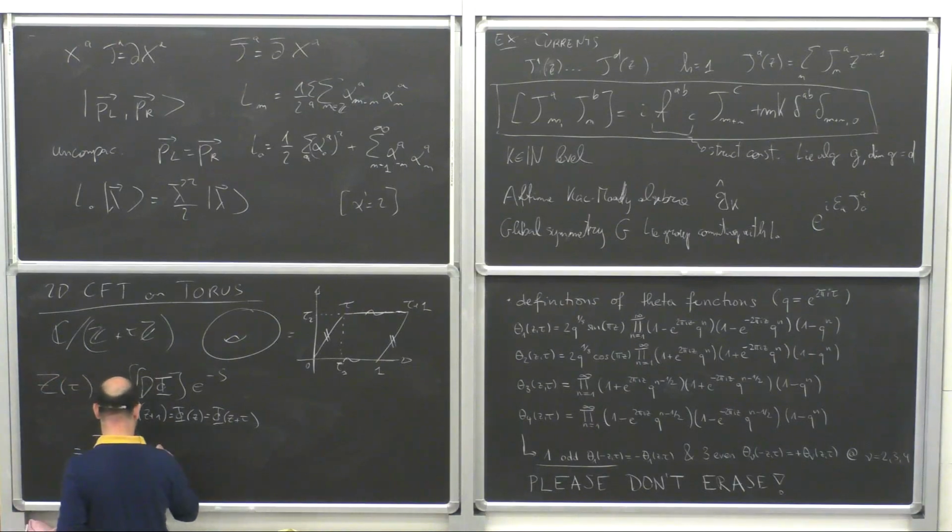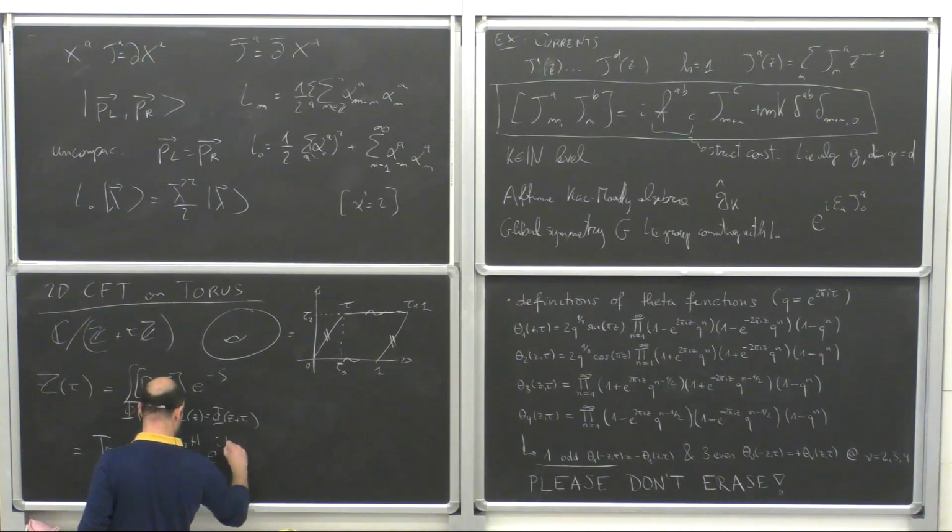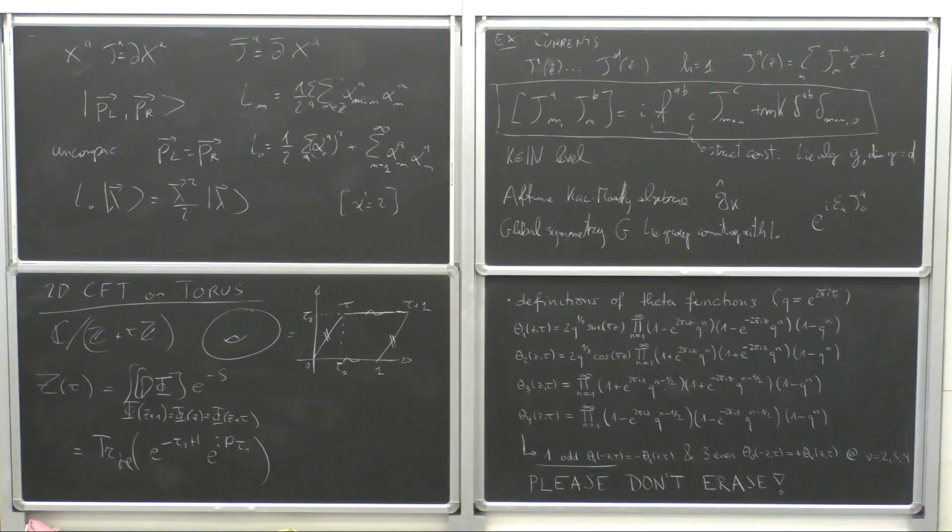This is given by e^{-τ_2 H} e^{i P τ_1}, where H is the generator of time translations on the cylinder, and P is the generator of space translations on the cylinder. And here we have a minus because we are in Euclidean.